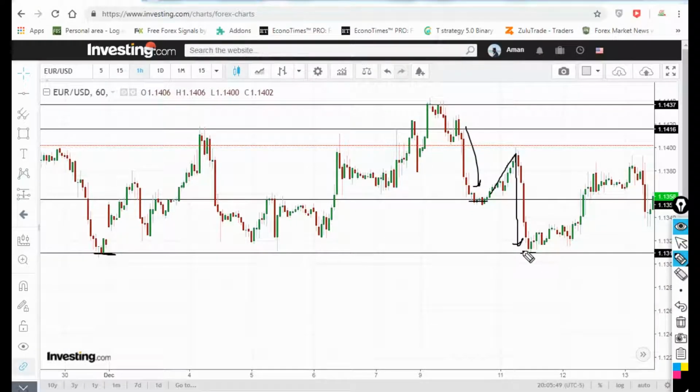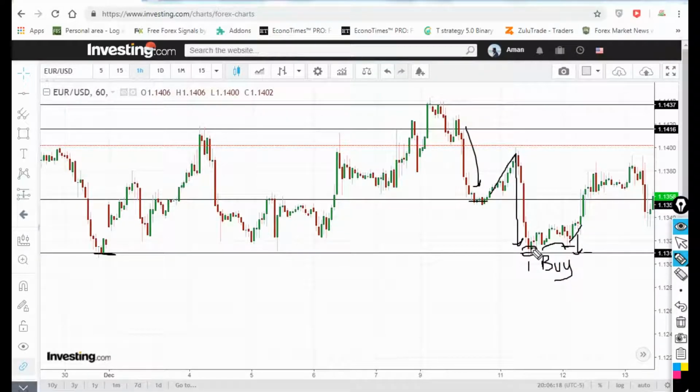When you see this test, then you have to wait for a second one. But sometimes with these tests, because of the market maker, the market maker does not allow you to take this confirmation and you enter here, so sometimes the market maker pulls back. But basically this test number 1 is your buy, it's your confirmed buy.